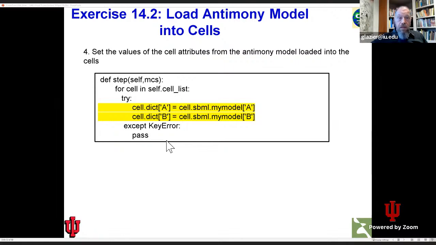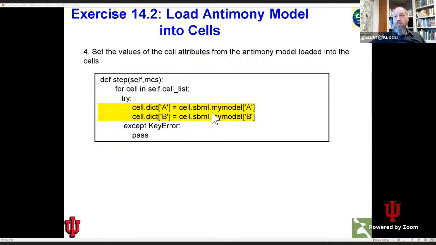much in class. It's definitely Pythonic rather than CompuCellic, which is that if you're referencing the SBML model, it's possible that some cells might not have the model loaded or might have a different model loaded. And so it's not unreasonable to think that this assignment could fail because this reference to the SBML model could be not present. And so try and except KeyError will trap that so that the program doesn't break.